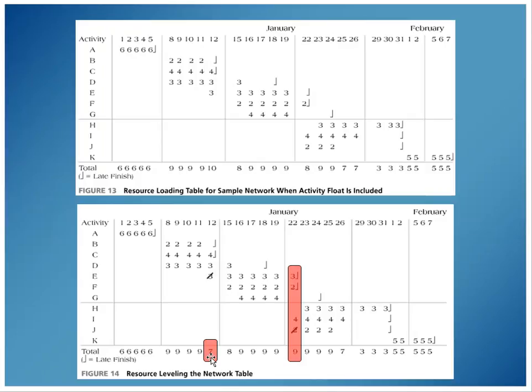And now I've got a 7 on day 12, I've got a 9 on day 22, and in fact that entire week is 99997, whereas it was originally 89977. None of my total resources are above 9, they're all single digits, and I've done some shifting. Are there other ways that I could have shifted, done more shifting or less shifting? Absolutely. As they get more complex, the need to use those heuristics as you go along becomes more important.